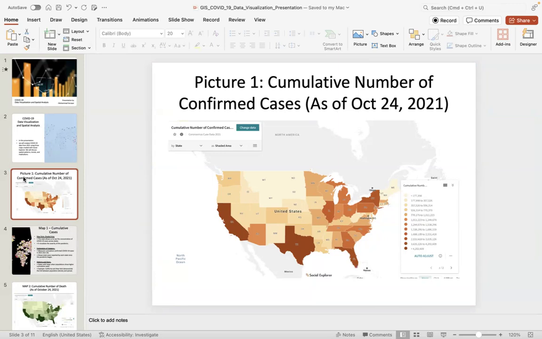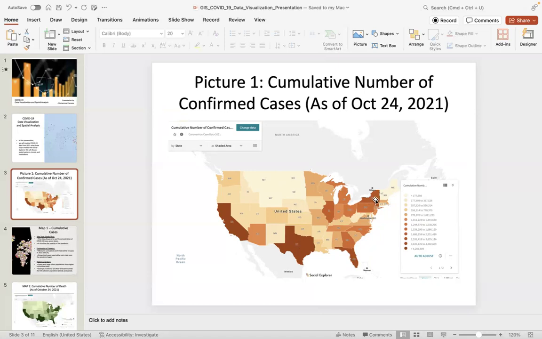In my first map, I showed the cumulative number of confirmed cases as of October 24, 2021. Here we can clearly see the dark pattern in California, Texas, and Florida, which indicates the highest number of confirmed cases in the USA.